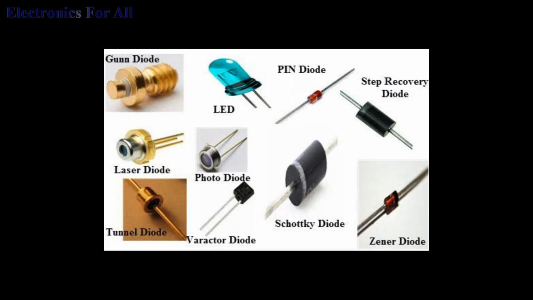Reverse breakdown voltage, reverse voltage drop that will force flow of current and in most cases destroy the diodes. Application of diodes. Diodes are employed in a variety of applications such as clipper, rectification, clamper, comparator, voltage multiplier, filters, sampling gates, etc.